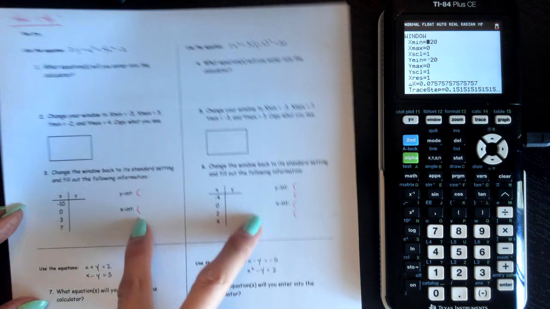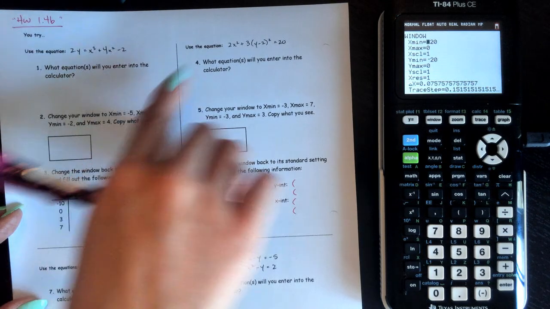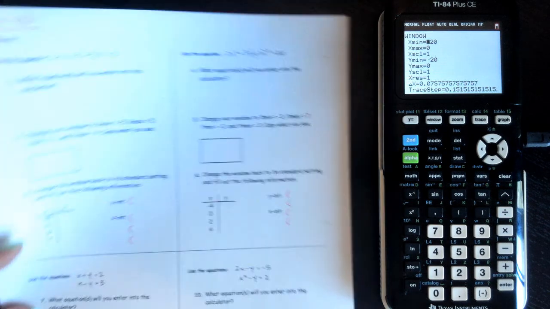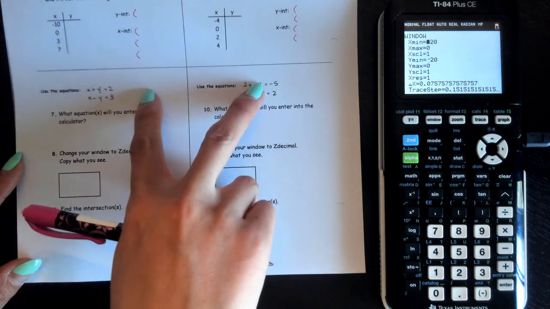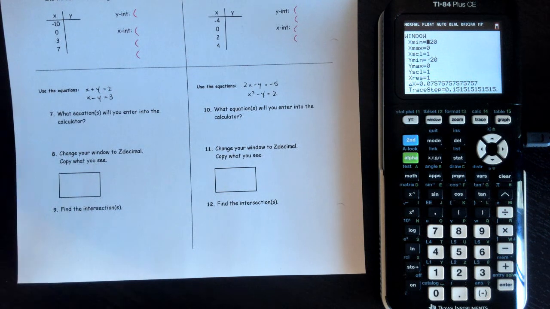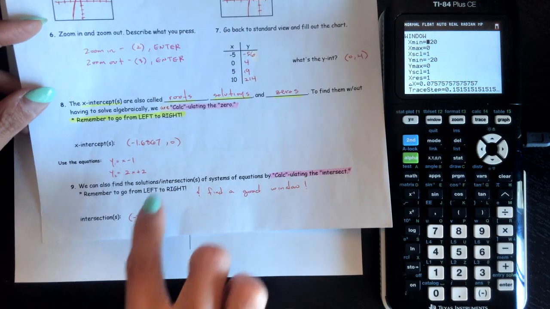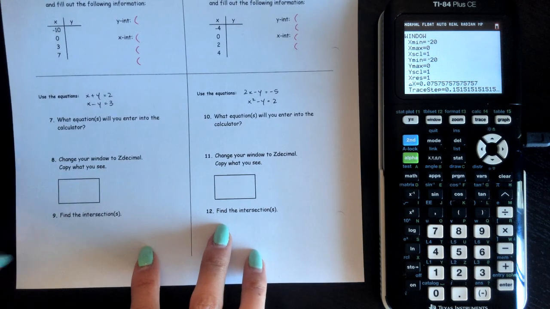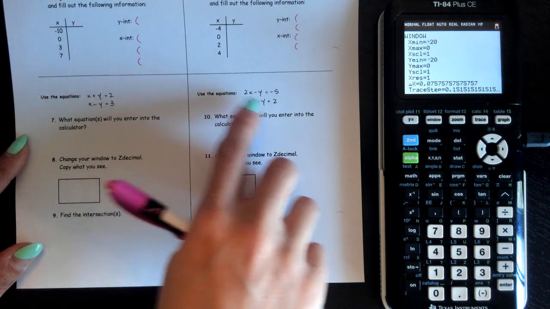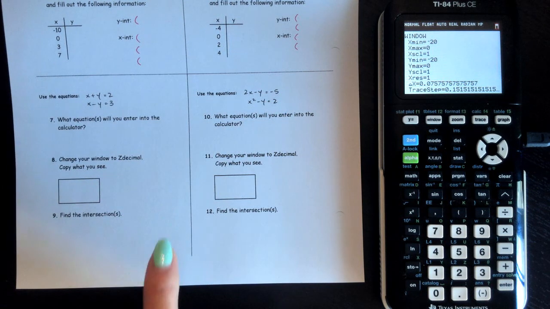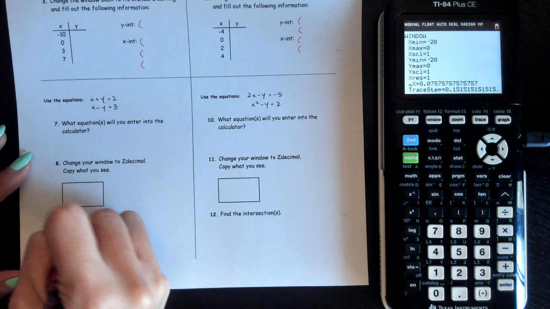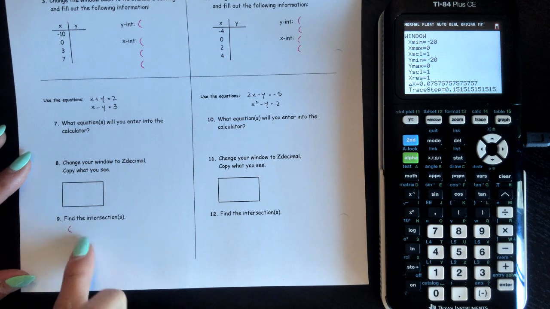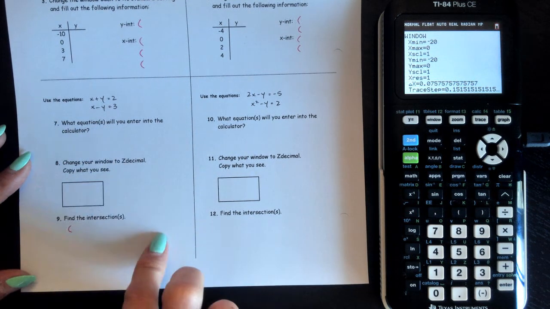So you're going to try this. You're going to set it y equals, put it into your calculator, all that stuff. And then you're also going to do these. These are like the last one that we did, where you're calculating the intersection. So also try these. You've got to get it into y equals. And then I'm telling you right now, this has 1 intersection. So you're going to write that 1 intersection once you find all that stuff.